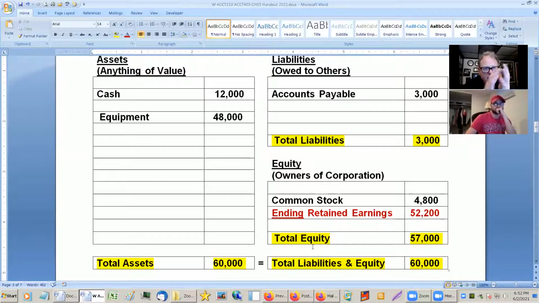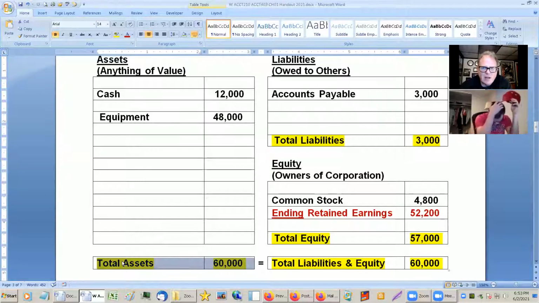It balances. And you might say, well, okay, that's cute. What does it actually mean? Well, here's what it's telling you. These assets of 60,000 came from somewhere, right? They had to have $60,000 worth of stuff that doesn't appear out of nothing. So the question is, where did it come from?